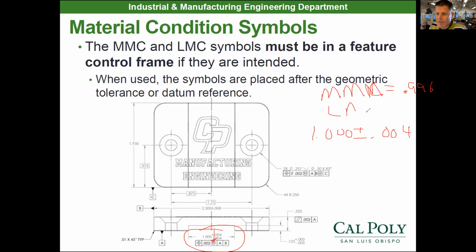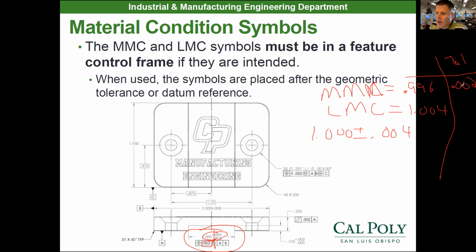Then I have an LMC, which is going to be equal to 1.004. Well, this 2 thou positional tolerance is only held when this is at its maximum material condition right here. So really, the tolerance zone has to be 0.002 when it's at 0.996.